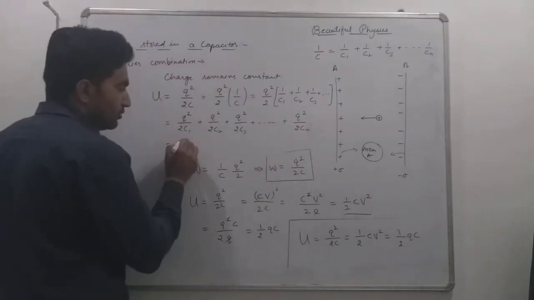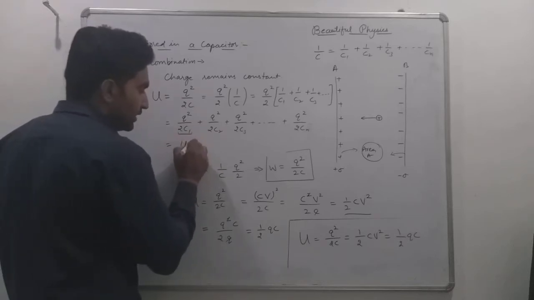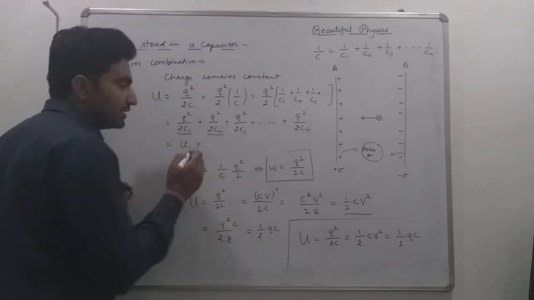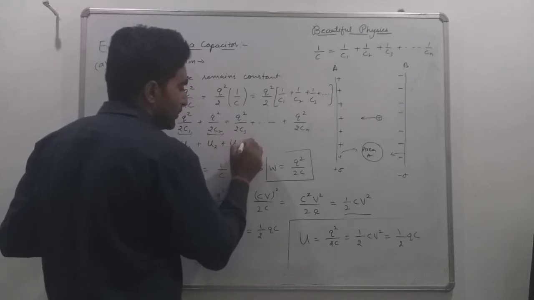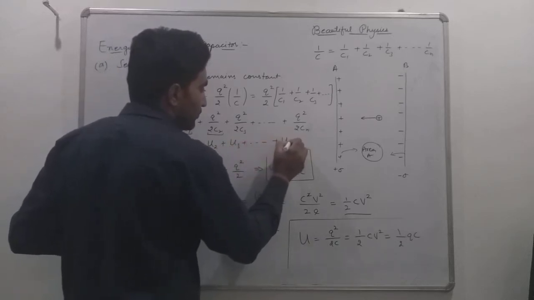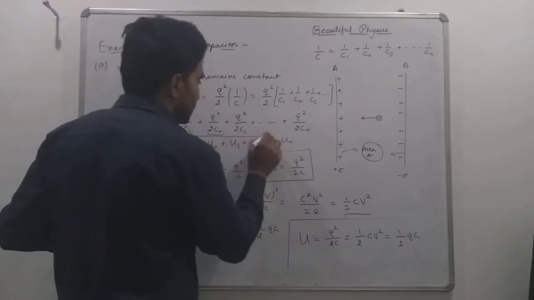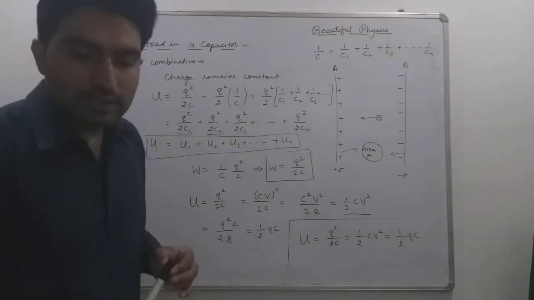The first term is the energy stored in the first capacitor in the series combination, which we can write as U1. Similarly, the second is the energy stored in the second capacitor, U2, and similarly U3 up to Un. So this is the energy stored in the series combination.